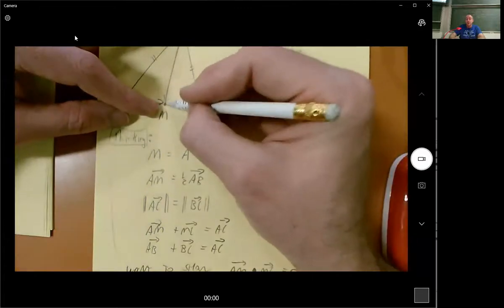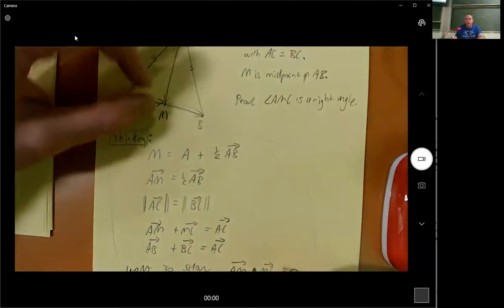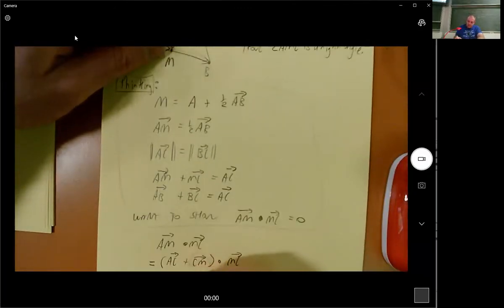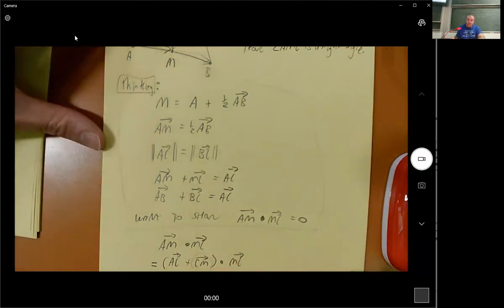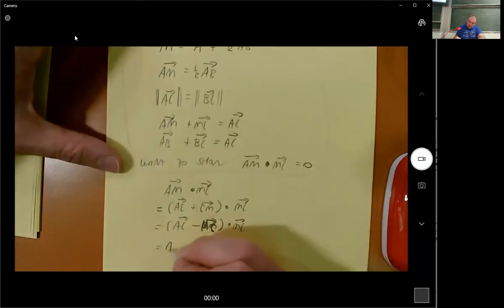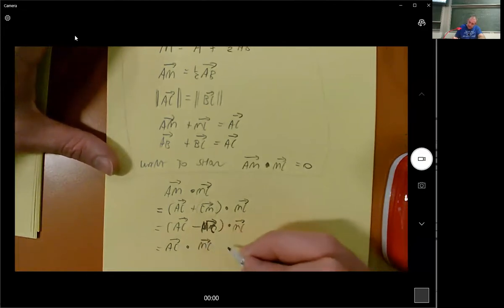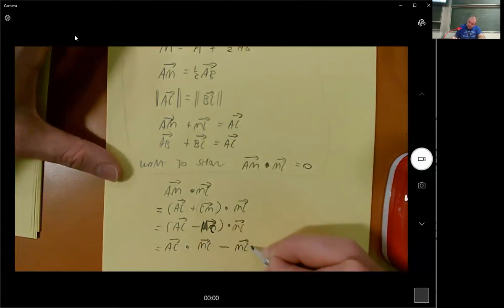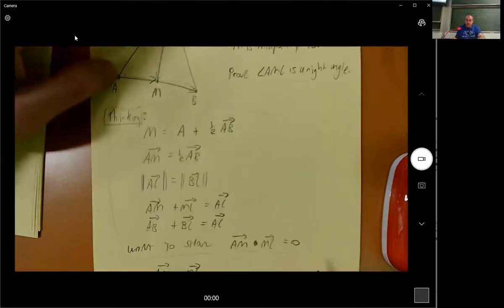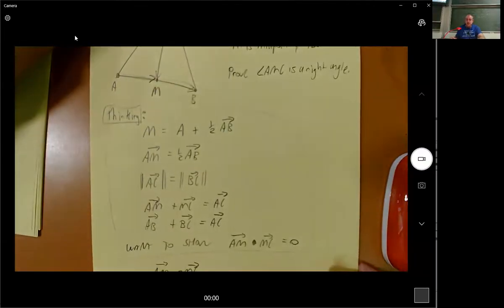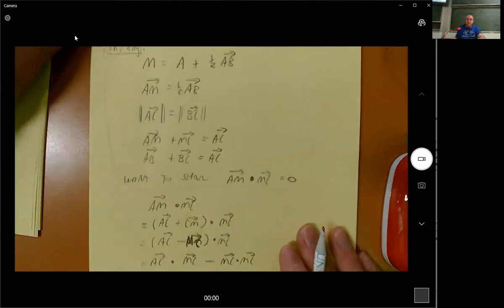CM goes this way and MC goes that way. So they're complete opposites of each other. So AC minus MC, sorry. Okay. So we have AC dot MC minus MC dot MC. Is that at all helpful? Possibly not.